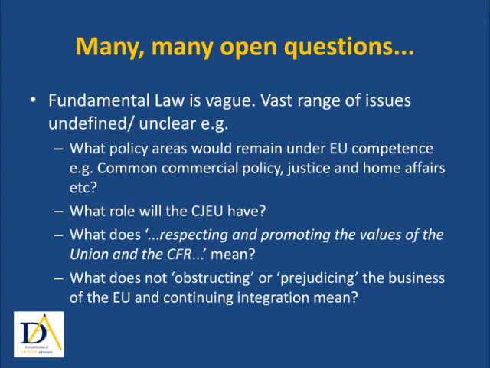It probably wouldn't have any MEPs, so we wouldn't even have our small proportion of the votes in those institutions, which means where there are still unanimity requirements on taxation, we wouldn't be there to use that.